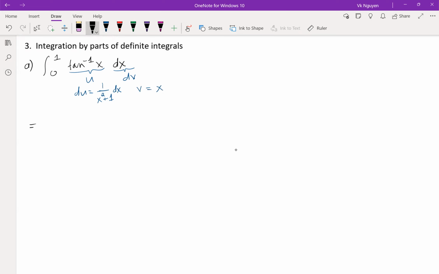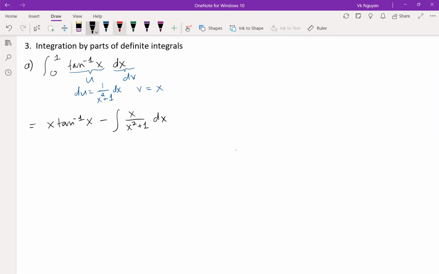So this gets us to uv, x arctangent x, minus the integral of v du, x over x squared plus 1 dx.